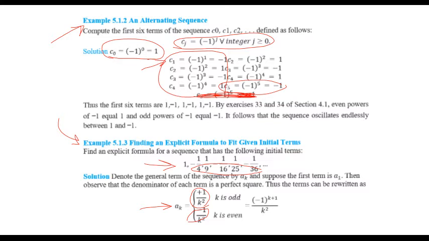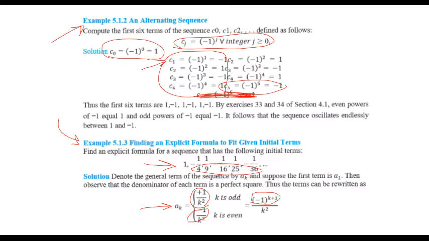That's why I put the numerator as negative 1 to power k plus 1. So it is very similar to example 512, but in this example we also have a denominator which is a perfect square. That's why we put k square.